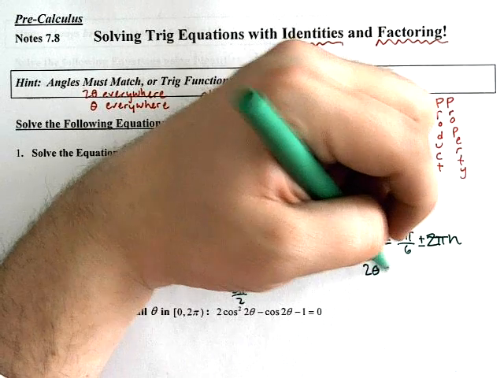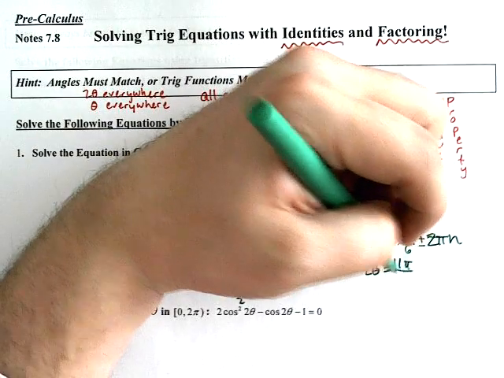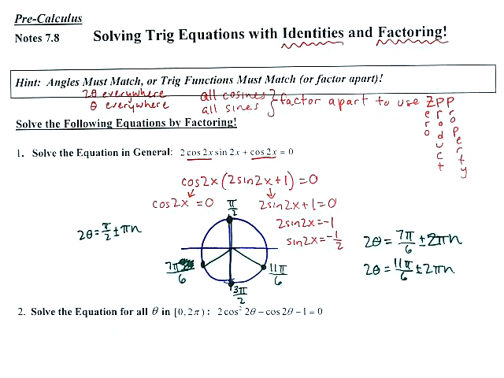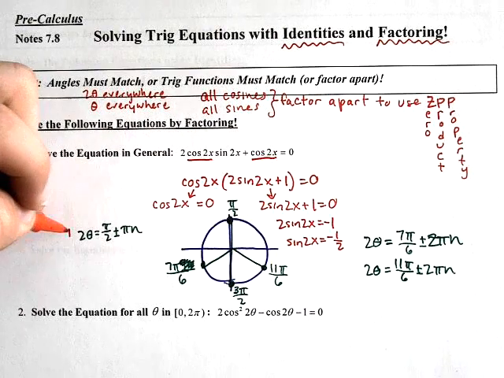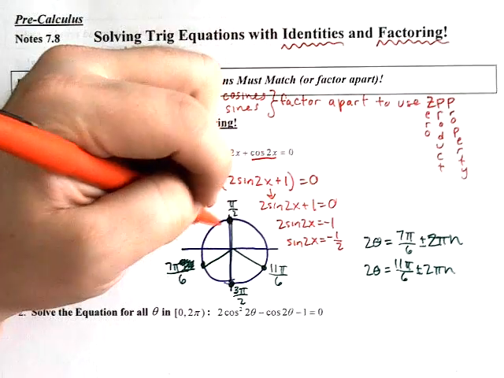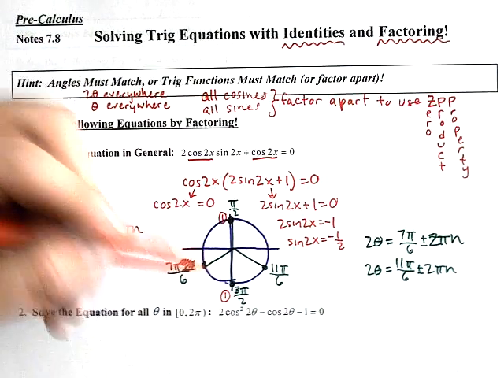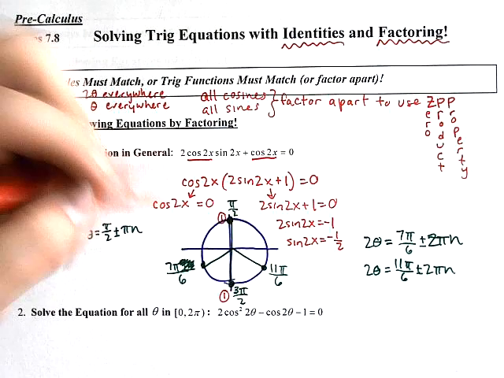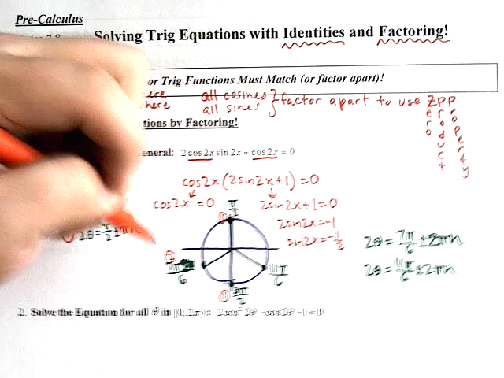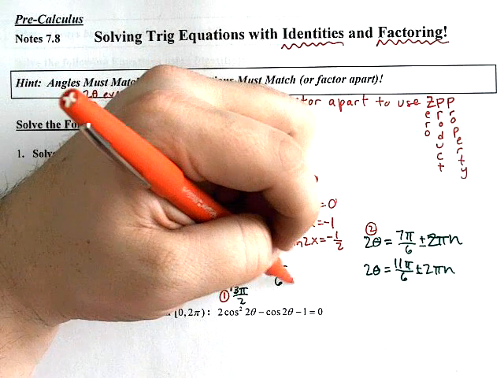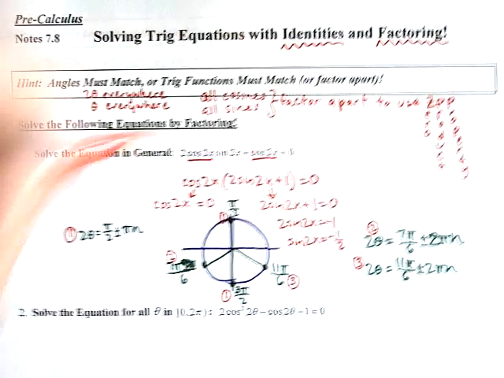And 2 theta equals 11 pi over 6 plus or minus 2 pi n. Let me number these so you understand where I'm getting them from. My first equation comes from these two solutions, these both go to this equation. Now my next solution goes to this equation, and my last solution goes to my last equation.